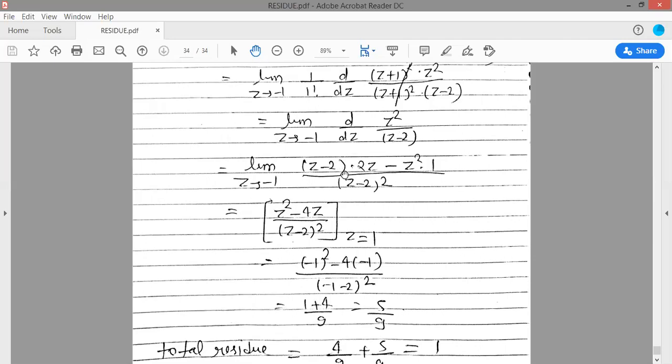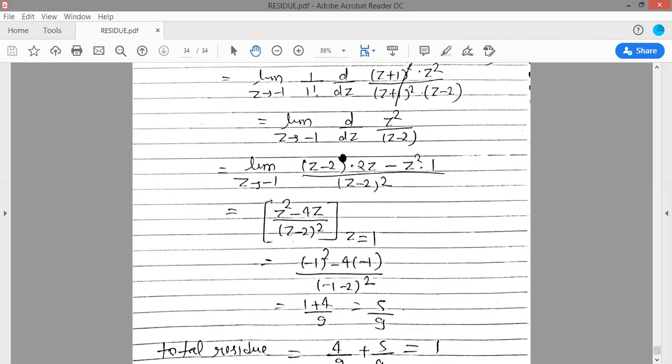So v is (z-2) times du, the differentiation of z² which is 2z, minus u which is z², times dv, the differentiation of z-2, which is 1, upon v², that is (z-2)².